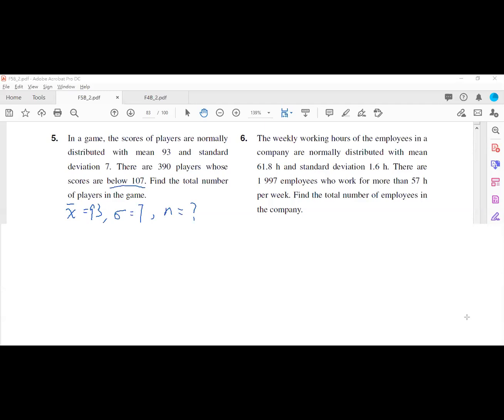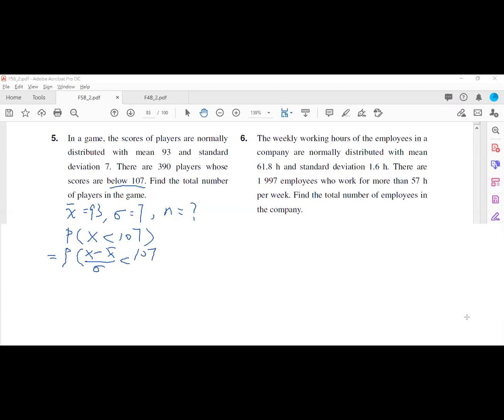Okay, and the requirement is below 107. So what we are going to find is x less than 107. In this bracket we have the upper limit only. We do not have a lower limit, right? So I think it is easier, but in fact it's not easier. It's just the same steps: x minus x bar divided by sigma less than the number.